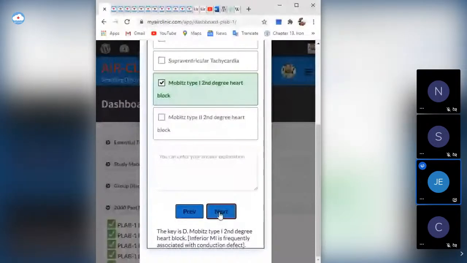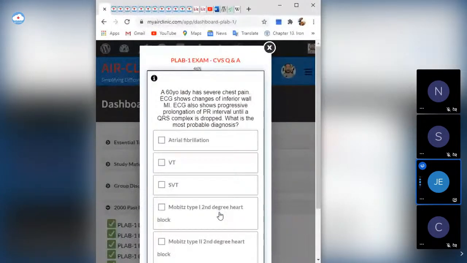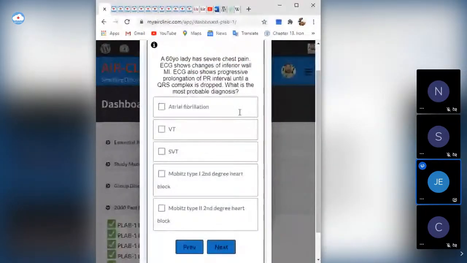I'm seeing that I've streamed for 1 hour plus, almost 1 hour 30 minutes. It shows changes of inferior wall MI.